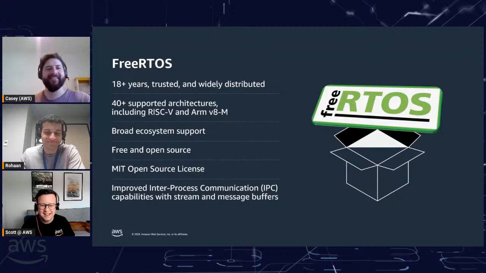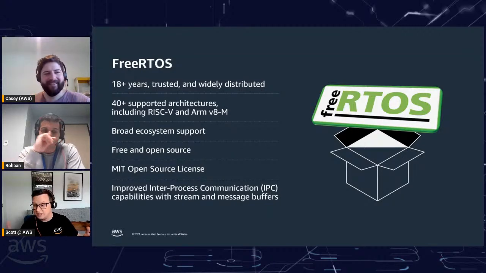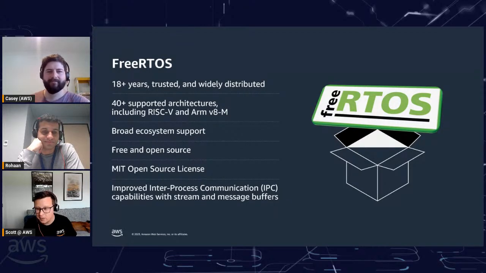So a bit about FreeRTOS. It's a real-time embedded operating system, runs on microcontroller platforms, and I would say it's leading the MCU RTOS category. We at AWS took stewardship of the open source project a few years ago.